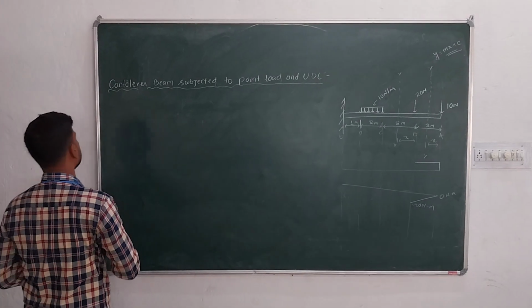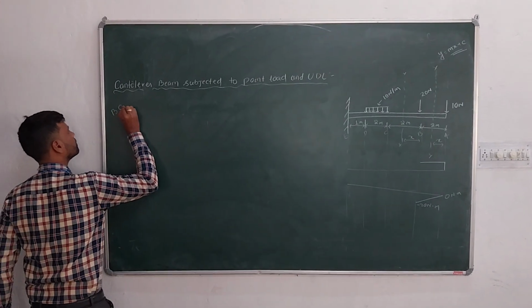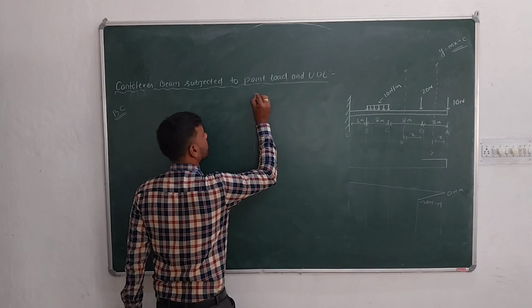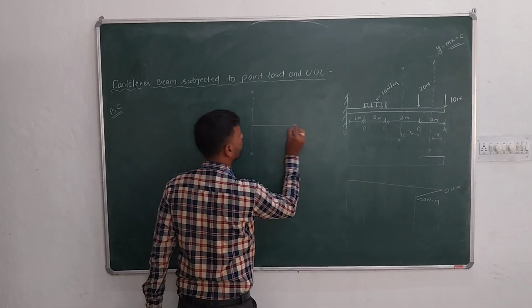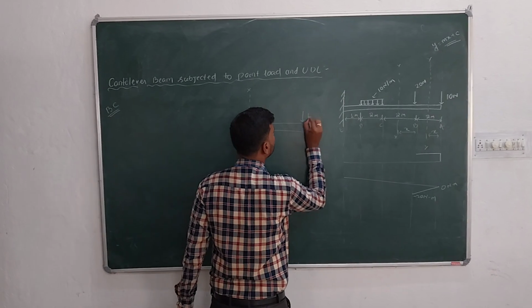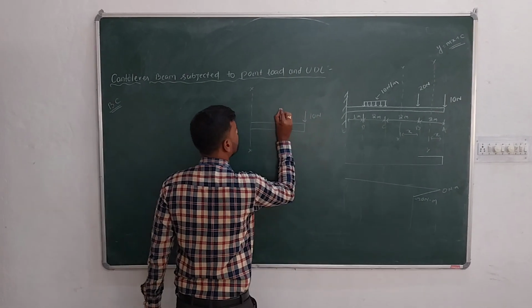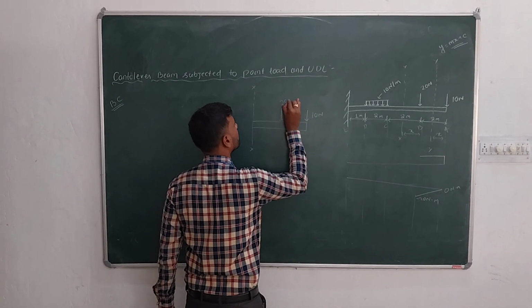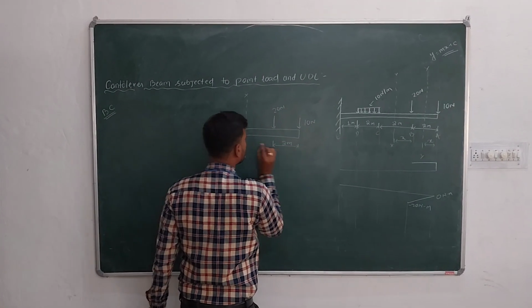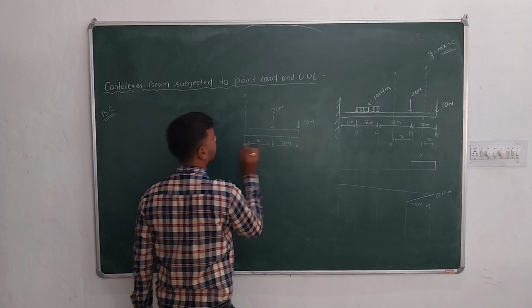For cross section BC, this is the x-axis and this is the portion on the right side of the section. This is 10 Newton. This is 20 Newton. This distance is 2 meter and this distance is x.